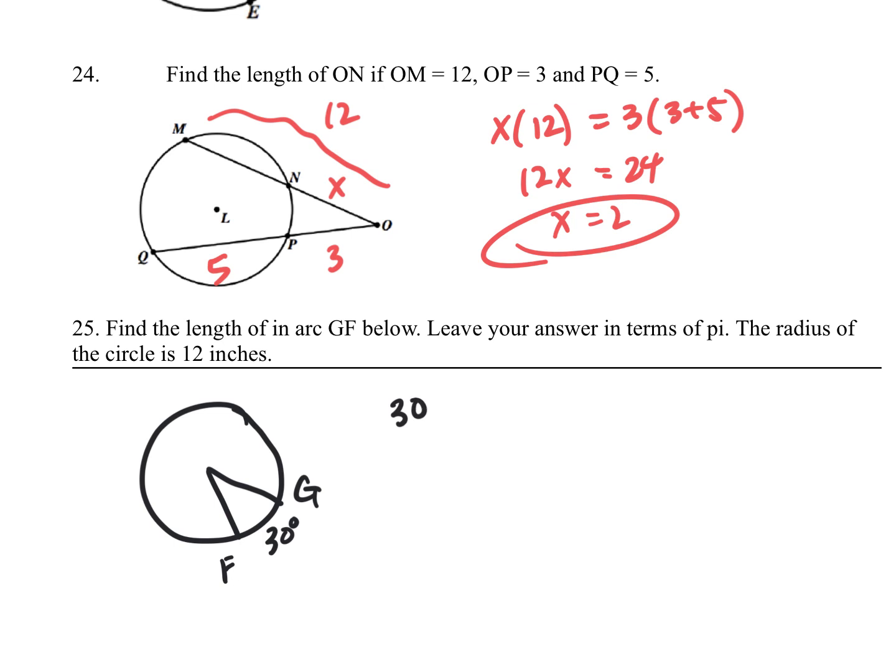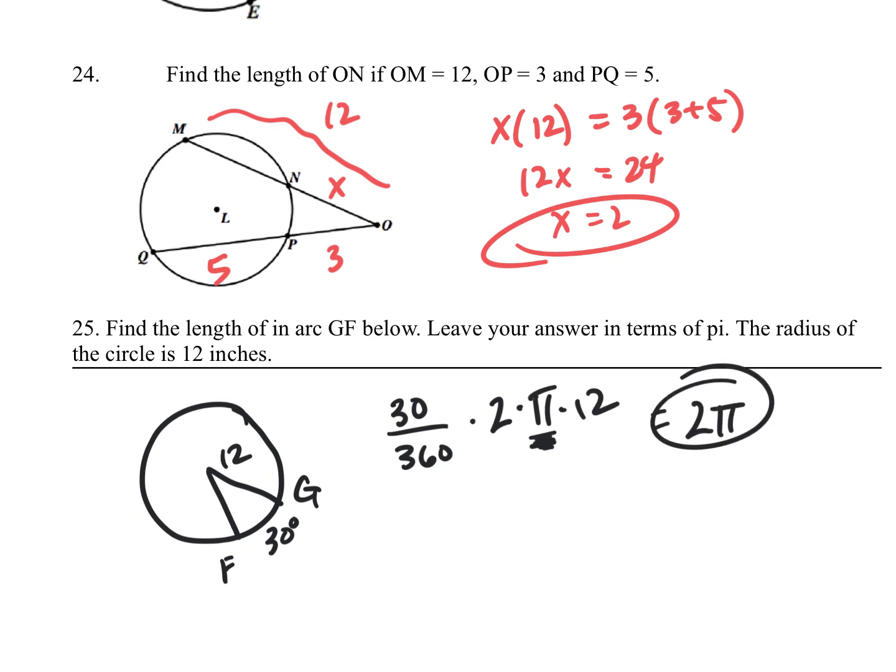So remember, arc length is 30 over 360, measure of the arc over the total angles in the circle, times the circumference, which is 2 pi times 12. So I'm going to put all of this in my calculator without the pi, and that gives me 2. So my answer is 2 pi if I leave it in terms of pi.